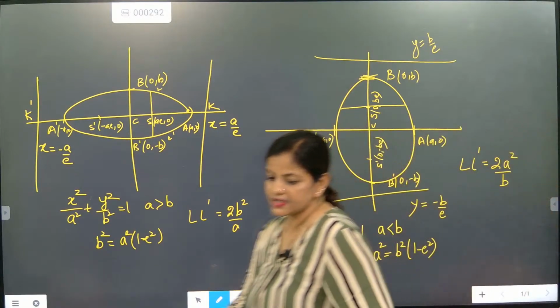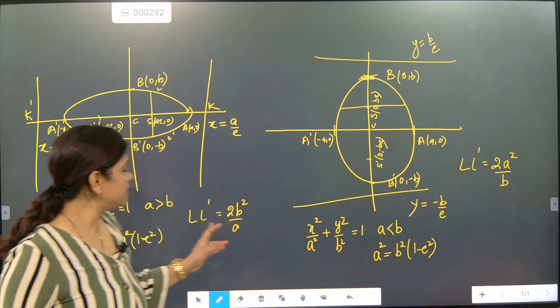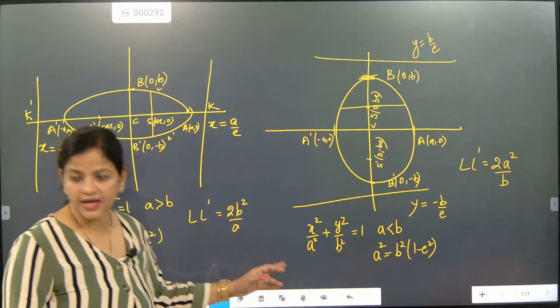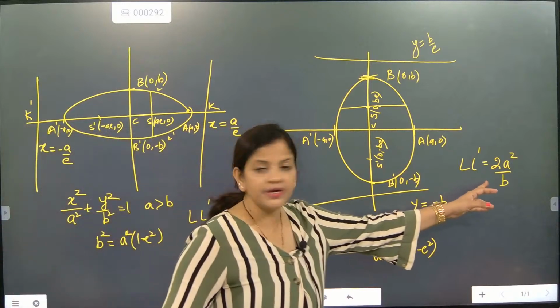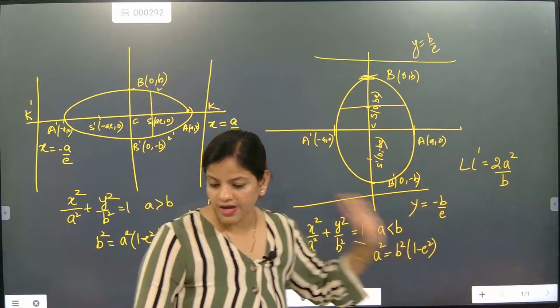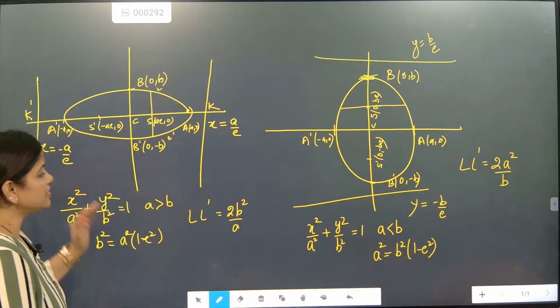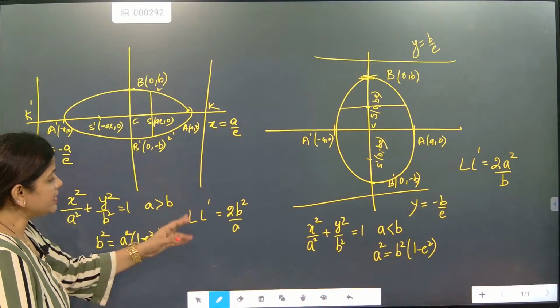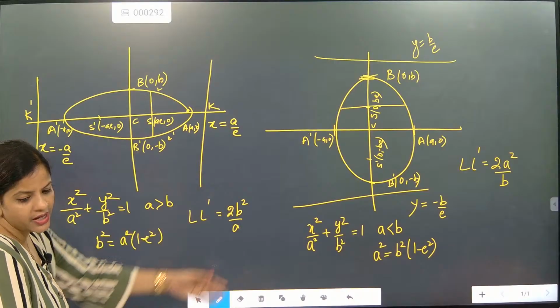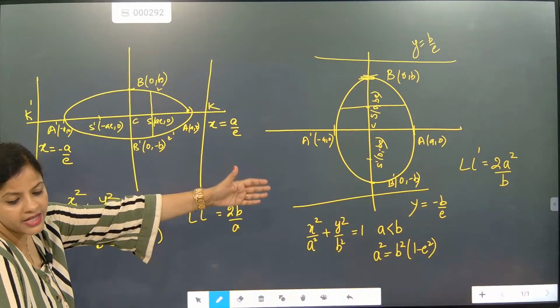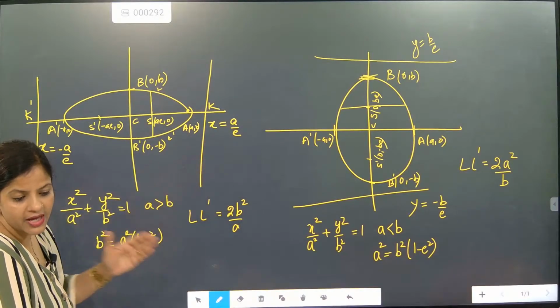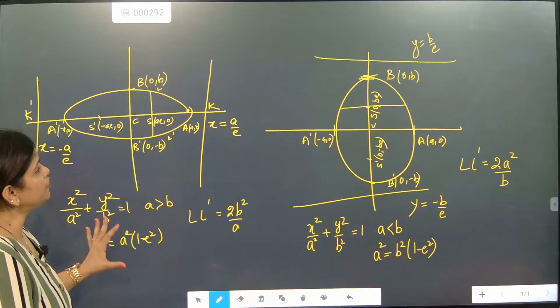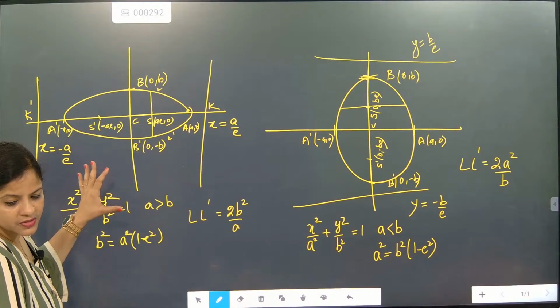So this part, the latus rectum is coming as, beta, 2b square by a, and this section will become, beta, 2a square by b. So this is the difference in the latus rectum. One latus rectum is 2b square by a, and one latus rectum is coming as 2a square by b. So this is the major difference between the ellipses.